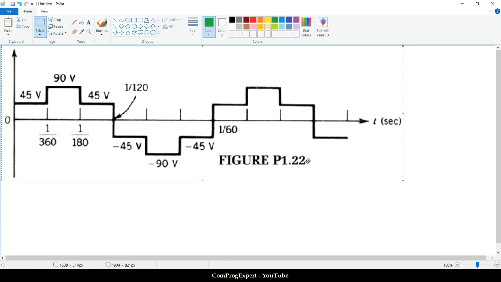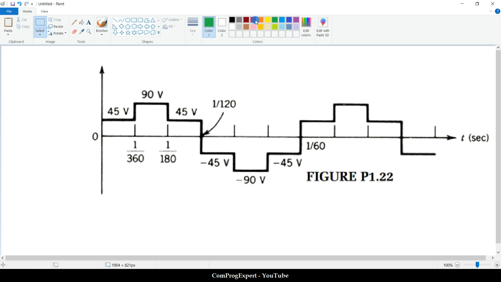According to this figure, we can build up this data set. So here the time is 0, and here we have this step. As you can see, we have this time and we have this step.